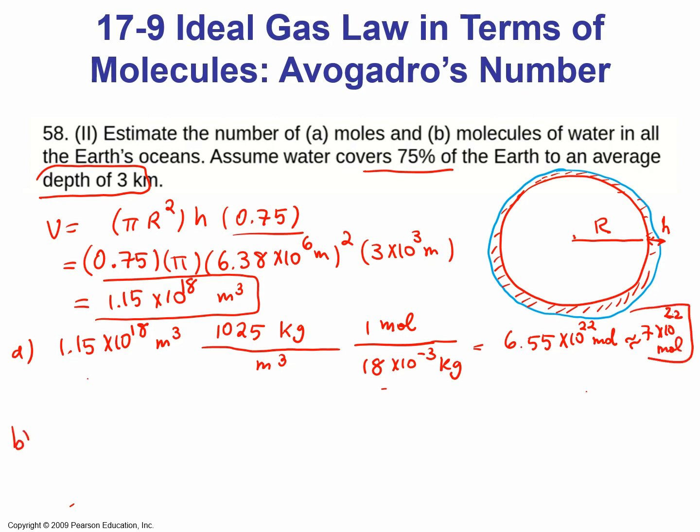Okay, for part B, the number of molecules, we should use the equation for Avogadro's number, because we know the number of moles.